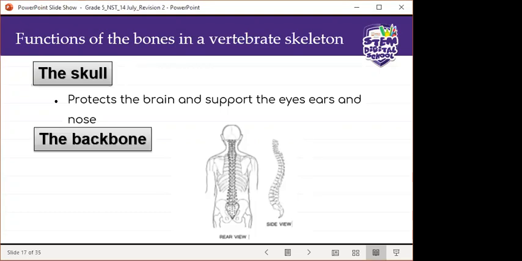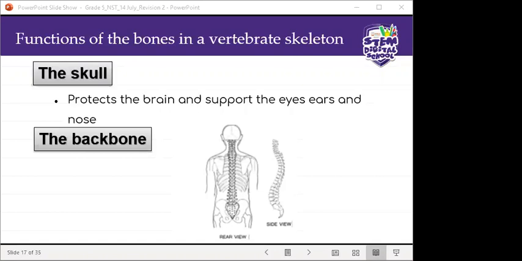And then what is the function of the backbone, Nesedi? The function of the backbone? To help the body stand up straight. All right, so the function of the backbone is to support the upper body.